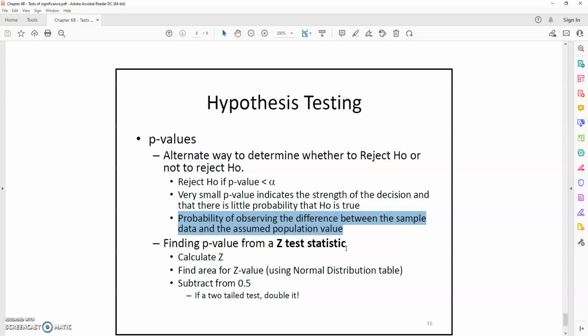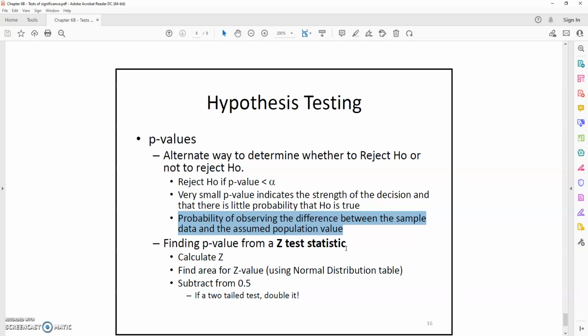For whatever reason, we don't believe that value, so we take a sample and we compare the sample data to that assumed population value. So a p-value is the probability of observing the difference between a sample and the population value.